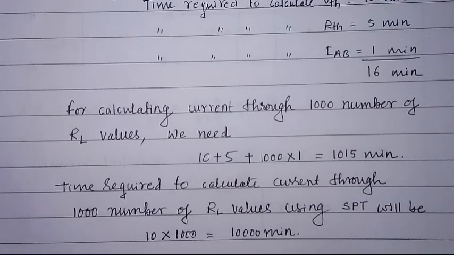So this is what we have to understand. We need to understand this advantage of using Thevenin's theorem when we have to find current through a large number of resistors connected to the same terminals of a given circuit.